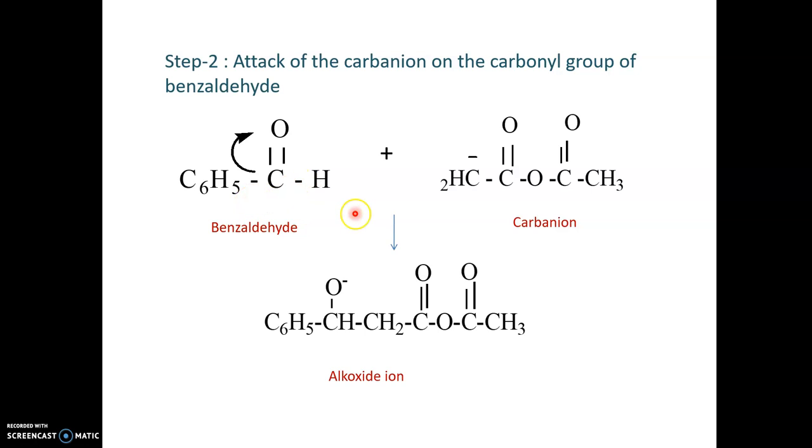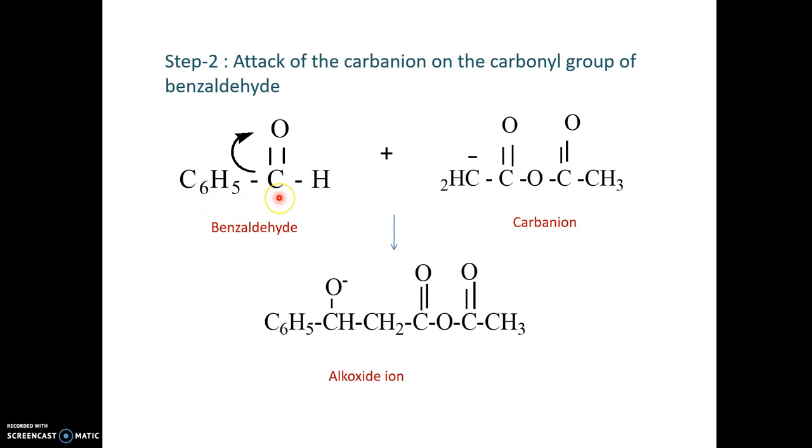So in the second step, the carbanion that has been formed because of the removal of a proton, the carbon gets a negative charge, and this carbanion acts as a nucleophile, and it is going to attack the positive center of the carbonyl group of the benzaldehyde.